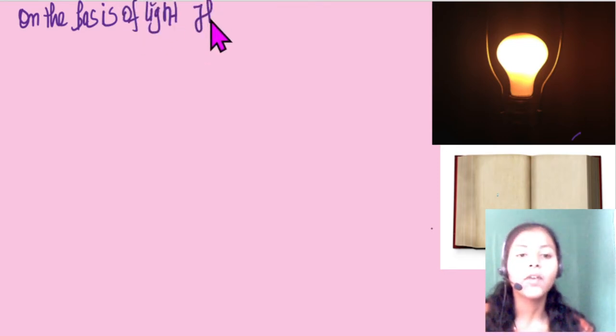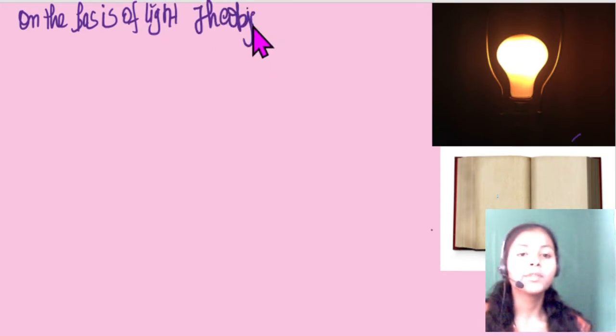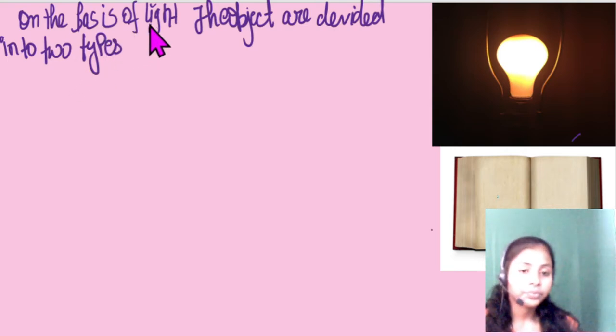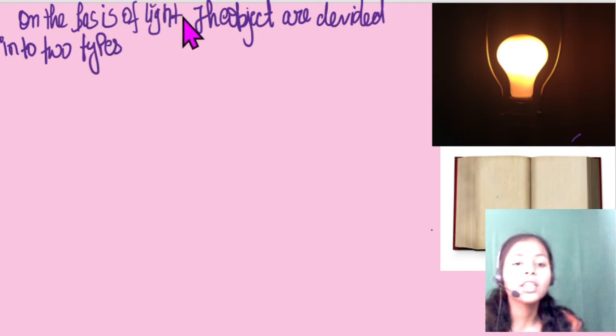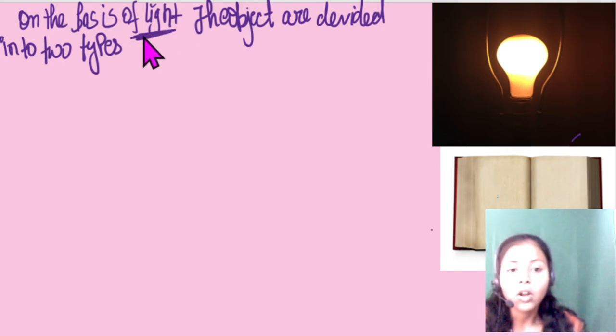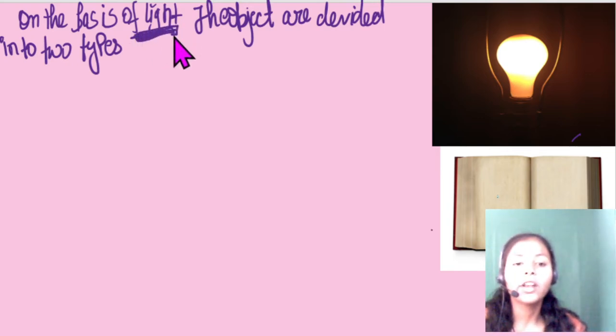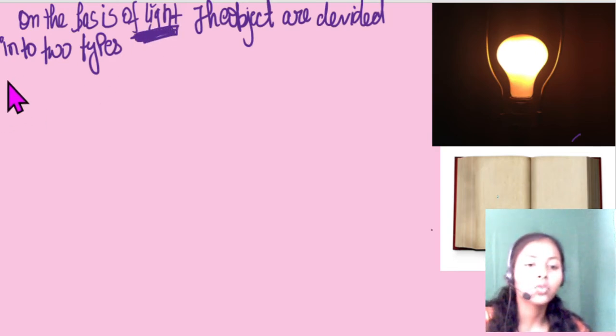On the basis of light, the objects are divided into two types. It means the basis we have taken is light, and on this basis the object is divided into two types. So what are those types?